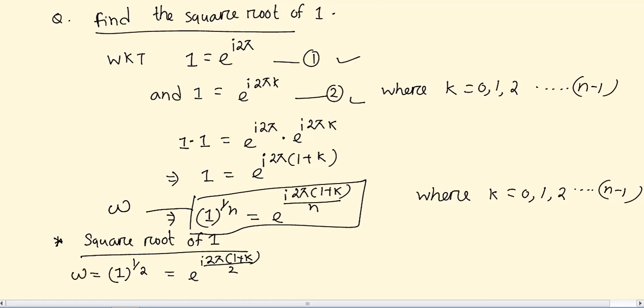So this represents the square root of 1, where k equal to 0 and 1.